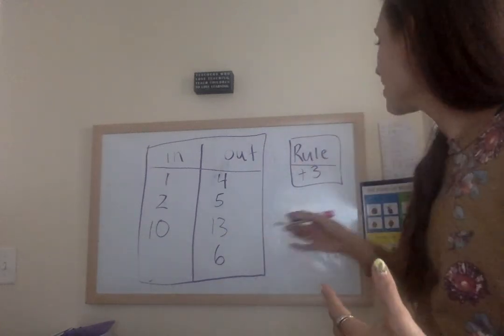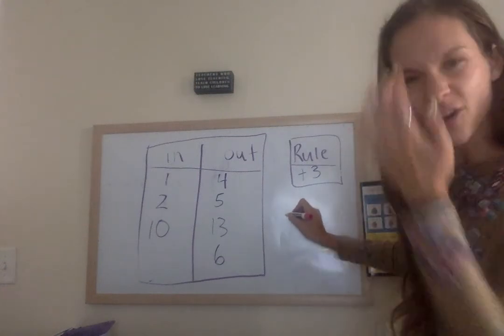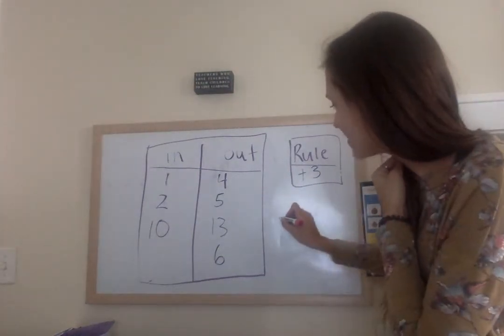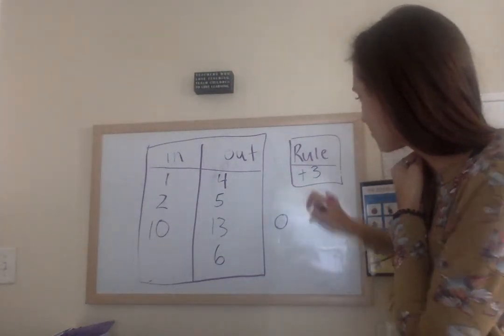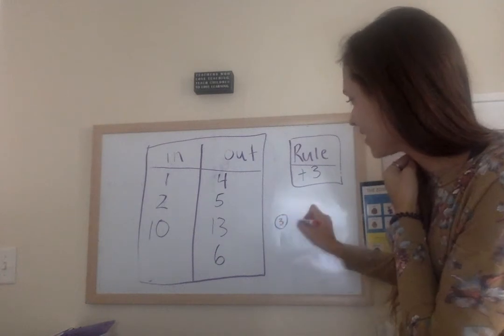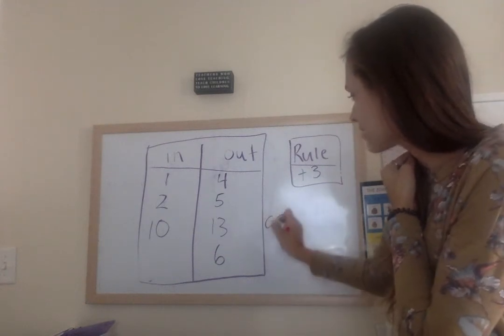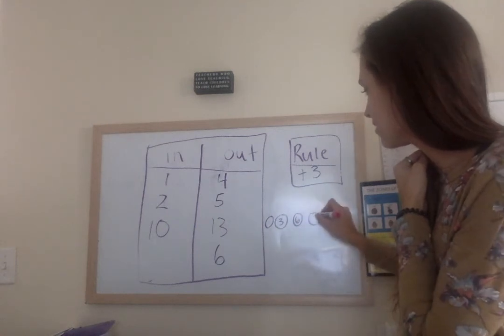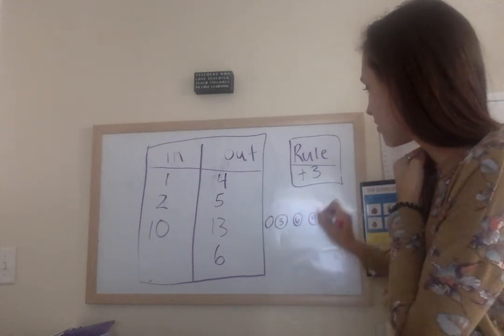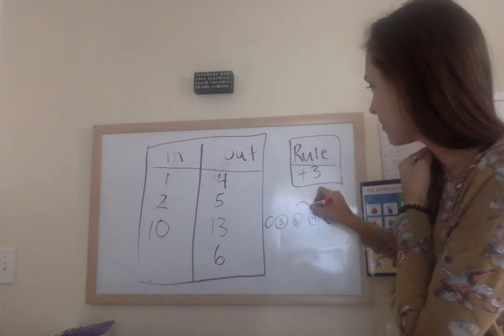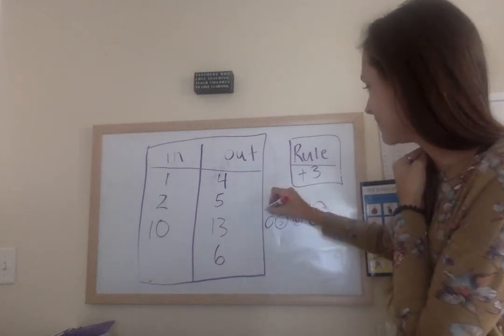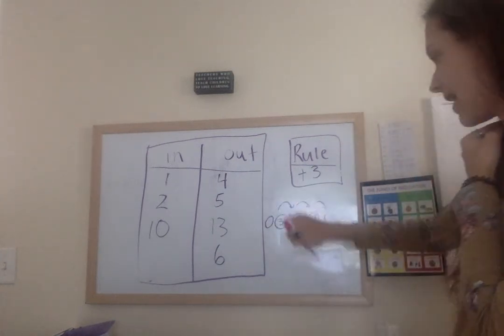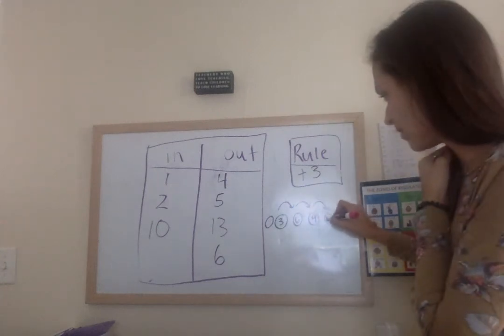It's just like when we were doing our frames and arrows. Remember when we did this? Let's say the rule is plus 3 and we have 3, and then we had a circle, and then we had 6, and we had a circle. Remember this? And we were going this way. And we know that when we're going this way, we have to add 3, so this would be 12.